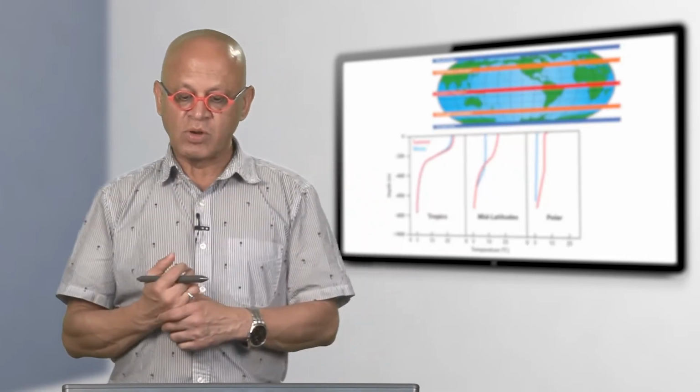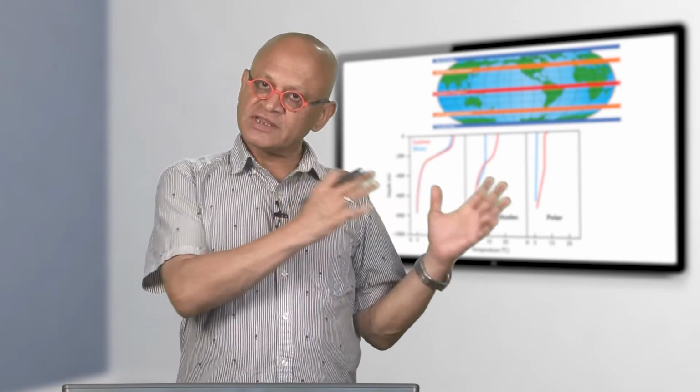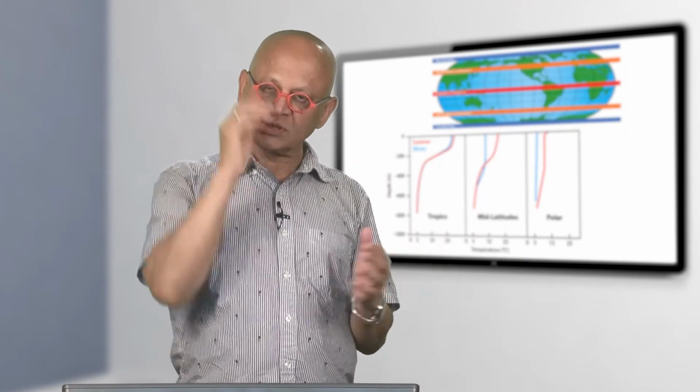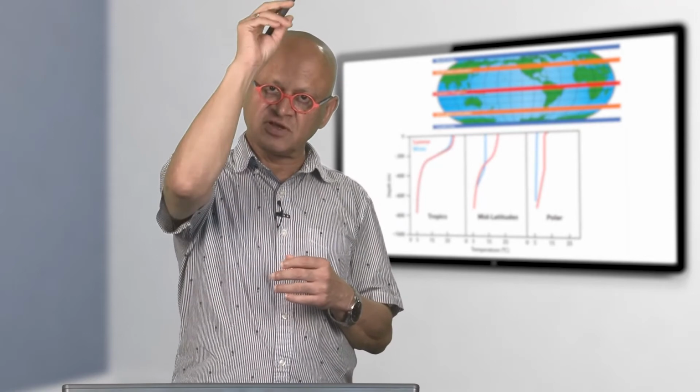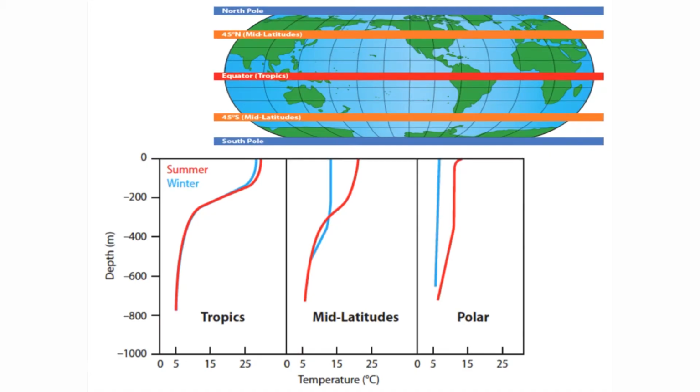The typical profiles of temperature in the ocean: we looked at the atmosphere, it has a complex structure, troposphere, stratosphere, mesosphere, thermosphere. The ocean is somewhat simpler. If you look at the tropics, these are two lines showing summer temperatures and winter temperatures. Summer temperatures are warmer, but both have similar profiles.